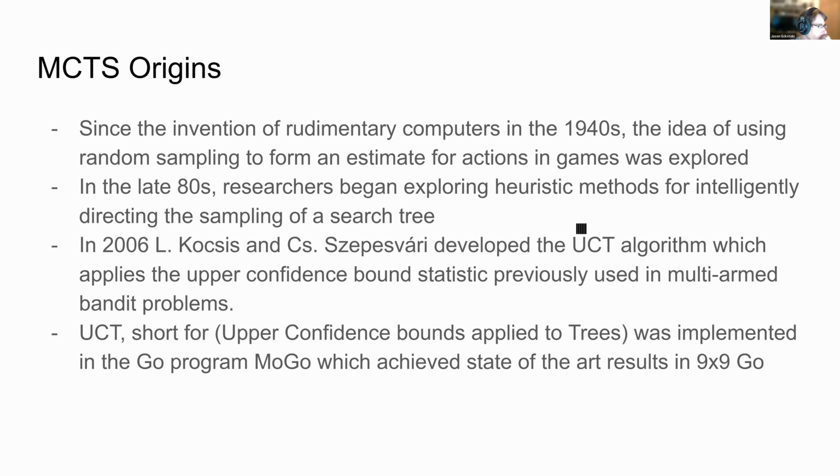So this upper confidence bound statistic is going to take actions or samples for which we don't have a lot of data yet and apply a bonus to those. So it's going to artificially boost the value that we think certain action selections have.